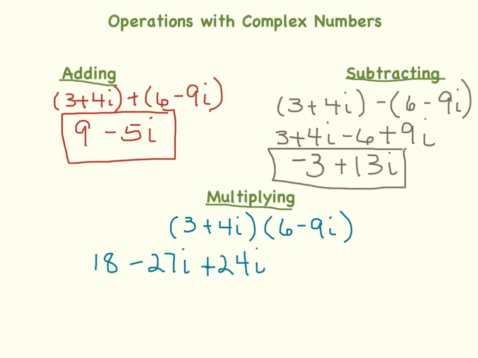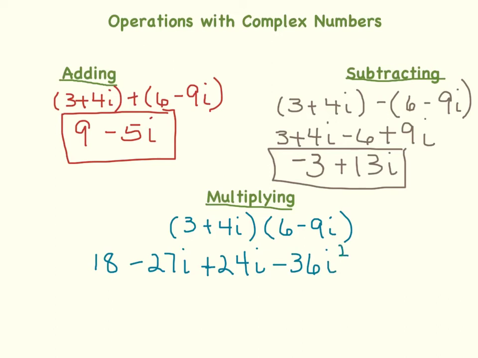And now I'm ready to multiply my last terms, which is positive 4i times negative 9i. Well, positive 4 times negative 9 is negative 36, so I'm going to write minus 36. And i times i, if you remember back to where we did the notes on the first page, is going to be i squared.